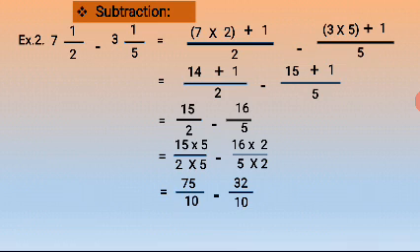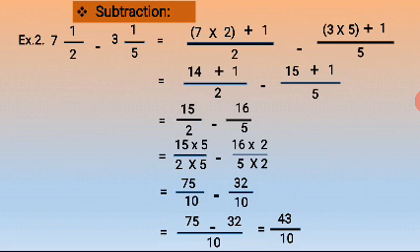Here the denominators of these fractions are now equal, so we take the subtraction of numerators. 75 minus 32 upon 10, the same denominator, so we write 10 only one time. We take the subtraction 75 minus 32, that is 43 upon 10.